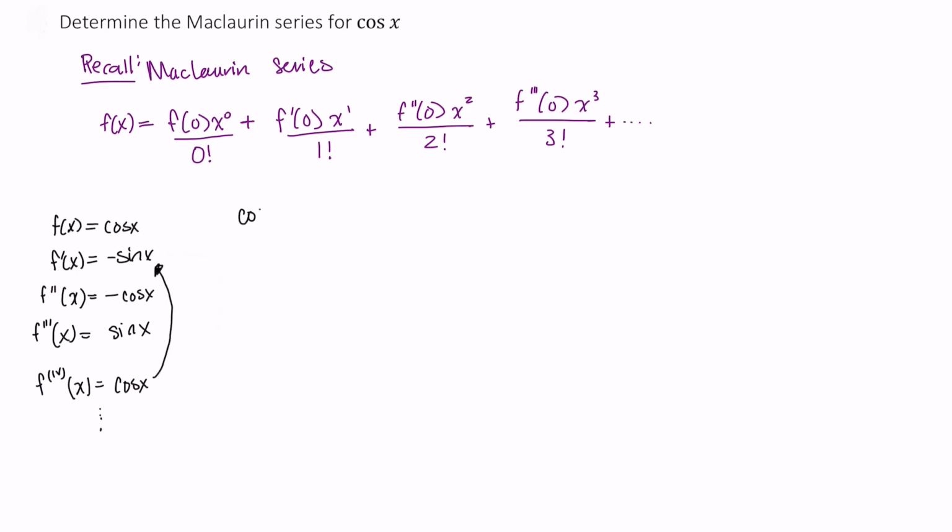All right, so cosine x, f of 0, that is cosine of 0, equals 1. F prime of 0, that is negative sine of 0, equals 0. If you don't remember where I'm getting this from, think back to your unit circle.